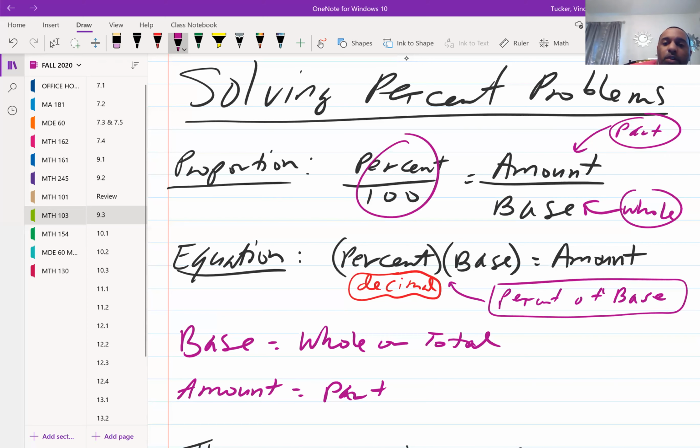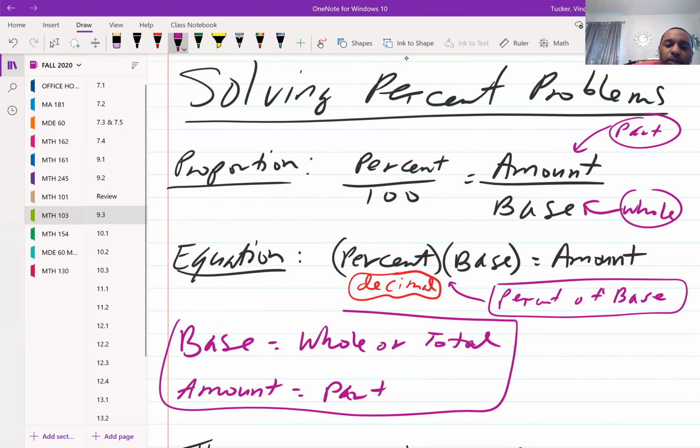Not in this case, though. Notice the percent is over 100, so you're not using the decimal there, but here you're using the decimal. And over here, I emphasize that your base is considered your whole or your total, and the amount is considered the part. That's the same thing I was saying up there.